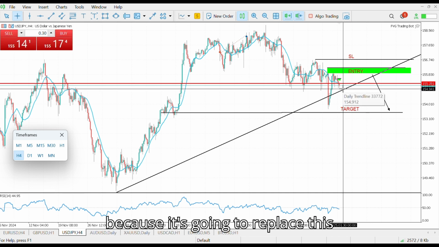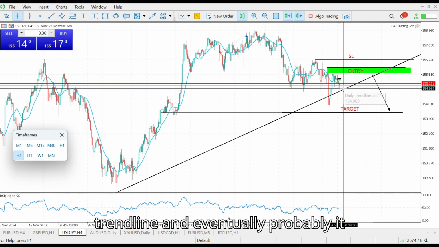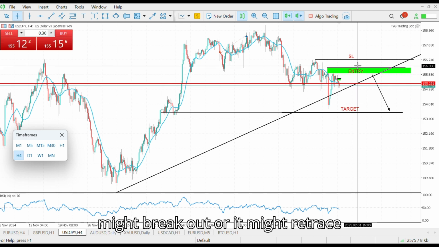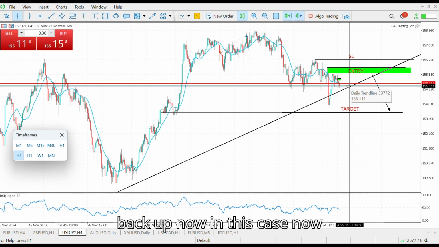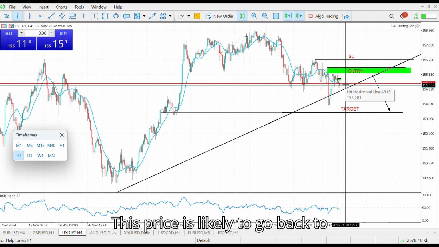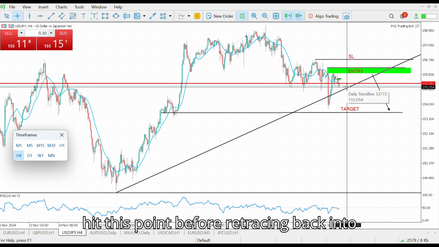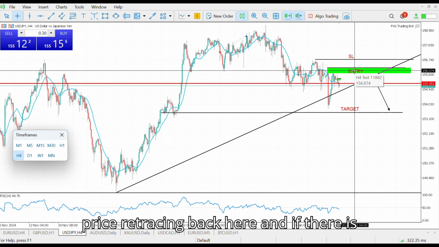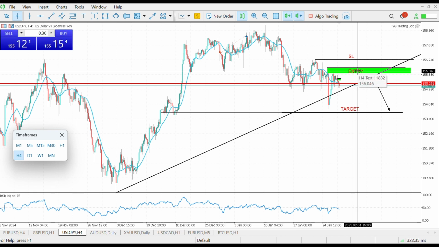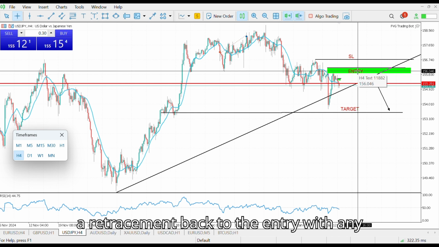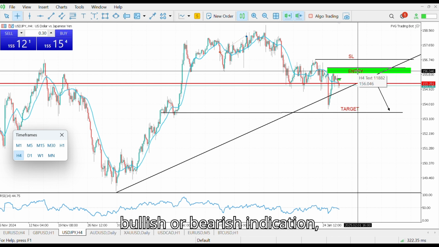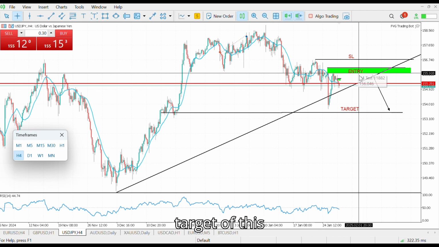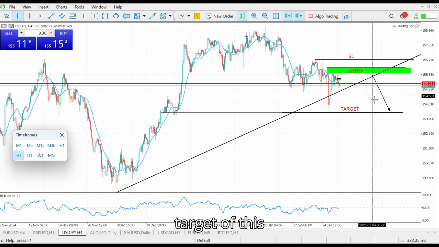However, if I'm having my entry at this point, this point should be my first target, because it's going to retest this trend line, and eventually it might break out or it might retrace back up. The price is likely to go back and hit this point before retracing back into the entry. If there is a retracement back to the entry with any bullish or bearish indication, you place your entry, aiming for a target at this place.